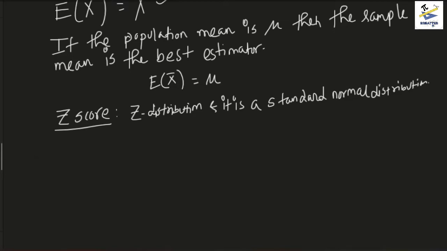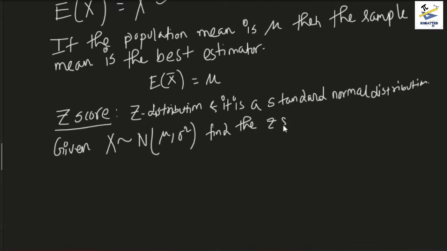So let me give you an example. Given x is a random variable following a normal distribution with parameters mu and sigma squared, find the z score for some value.